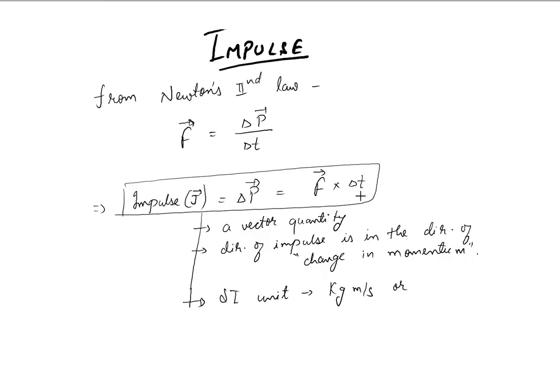Or from this expression we can write the SI unit of impulse as Newton into second, because the SI unit of force is Newton and the SI unit of change in time is second. So the SI unit of impulse is kg meter per second or Newton into second.